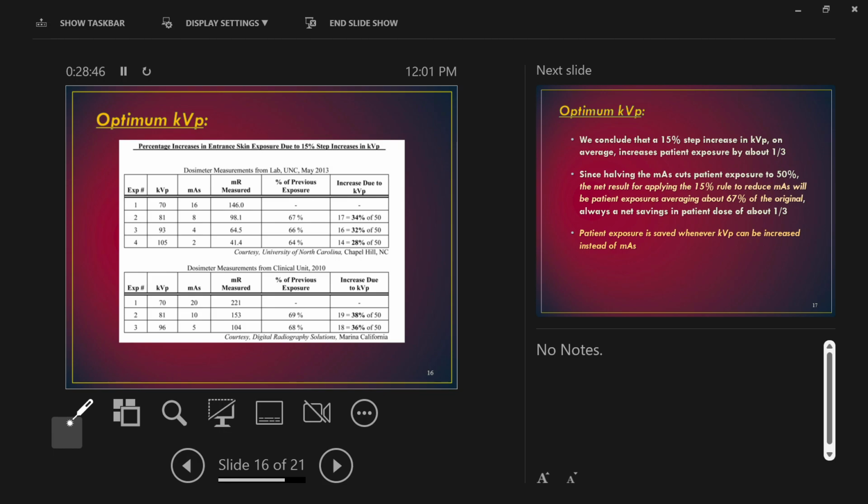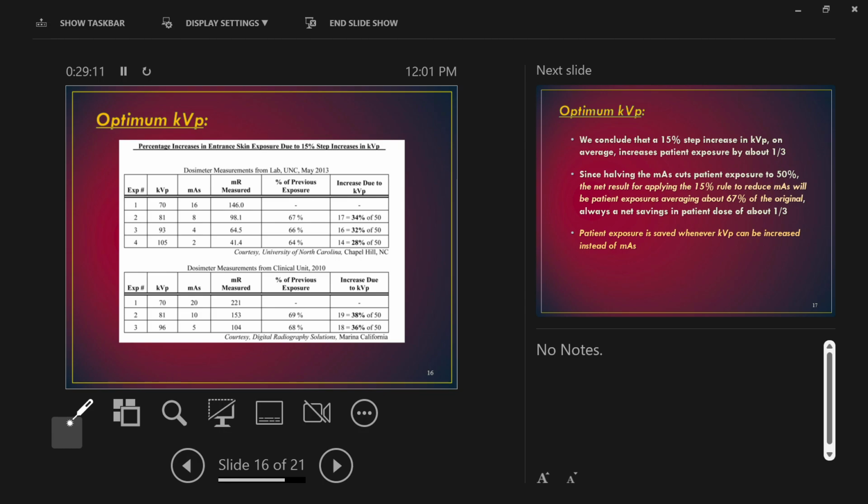So briefly, what does raising the kVp by 15% do to the image receptor exposure? Doubles it, right? What does cutting the mAs in half do to image receptor exposure? Is it raise exposure or lower exposure? Lower by how much?